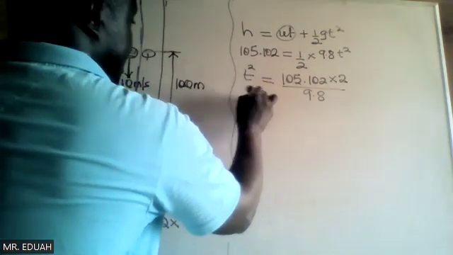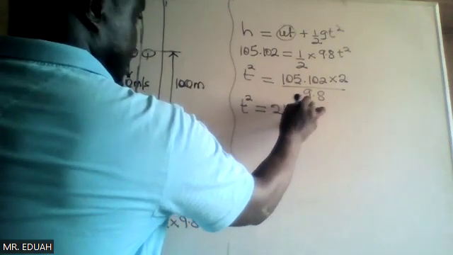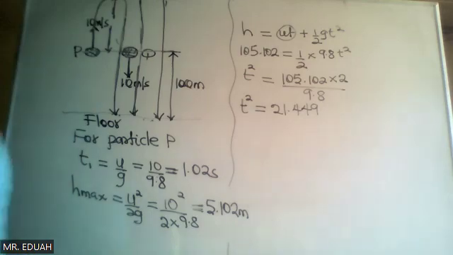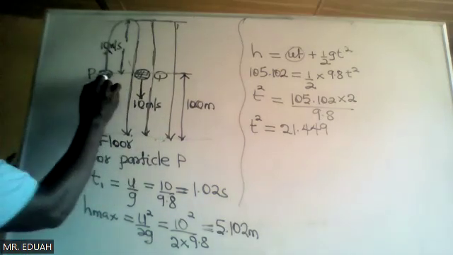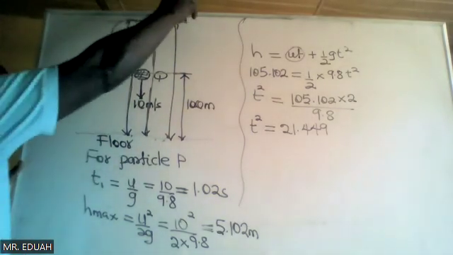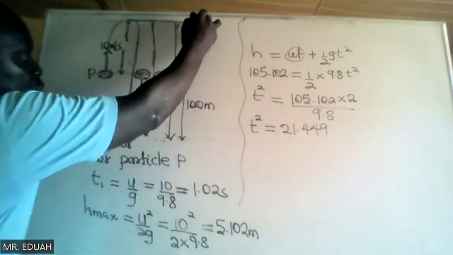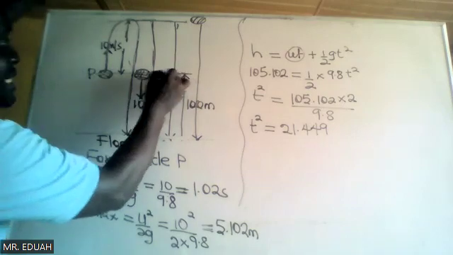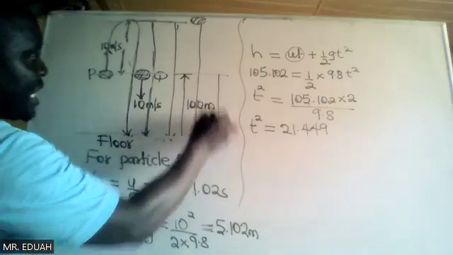How did you get the values you inserted into the equation, the 105.102 and the half? All we are doing is finding the time for body P to fall from the maximum height to the ground. P and Q were positioned 100 meters above the ground.